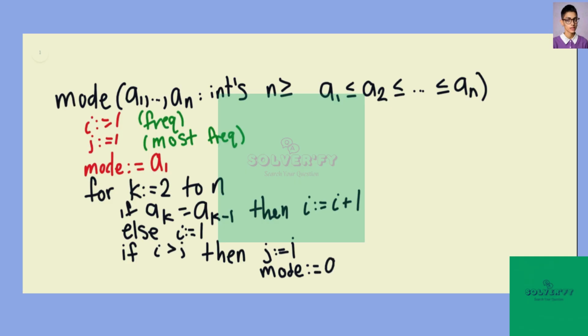So then we're keeping in memory the element which has the current largest number of repetitions.